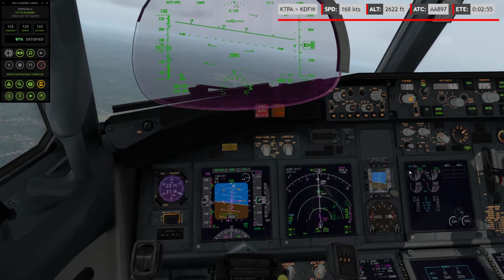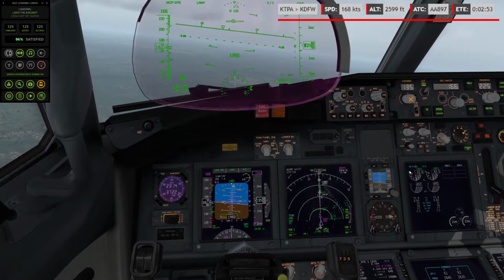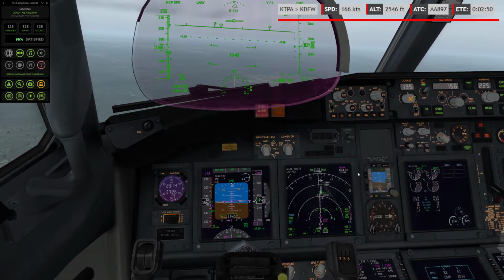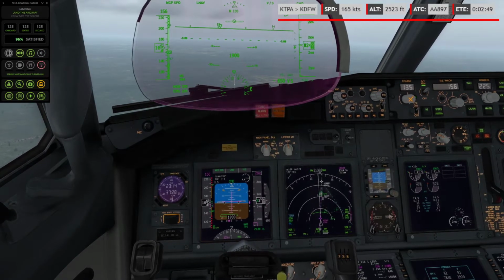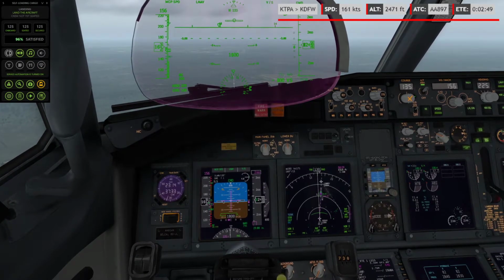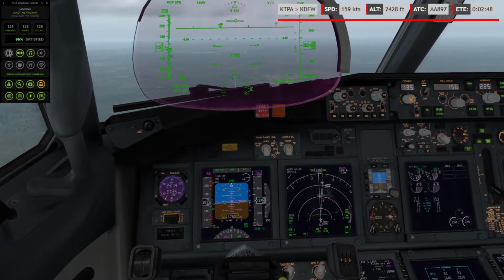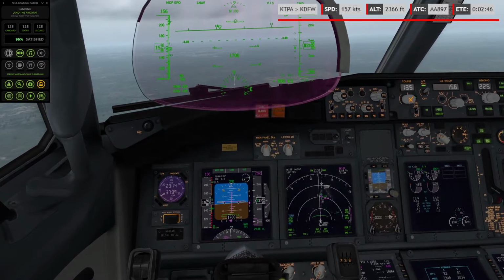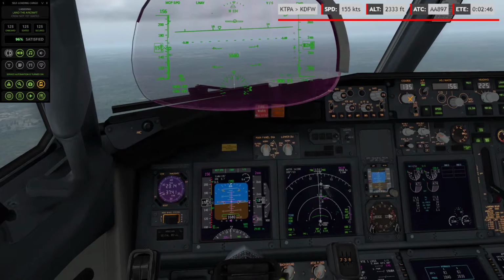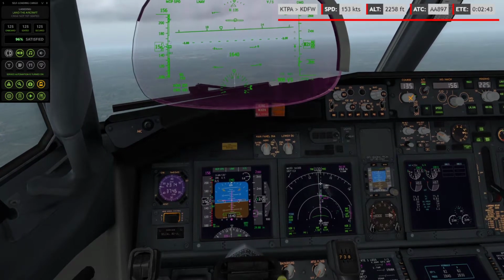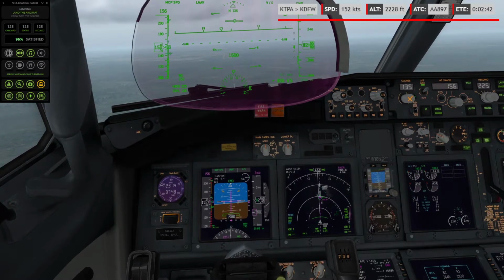Alright, let's go gear down, flaps 15. We are a little bit high now. Continue the descent. 1,000 to go.